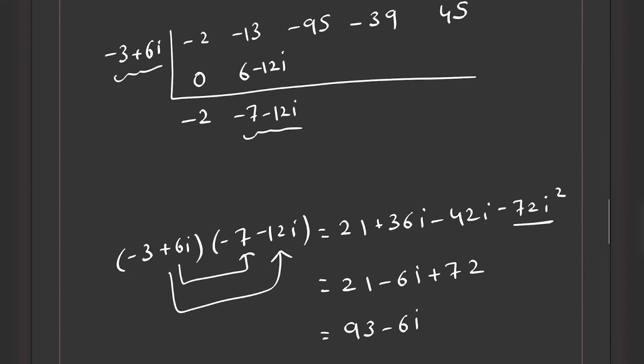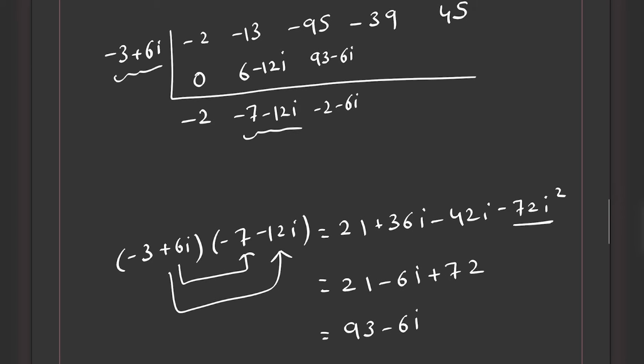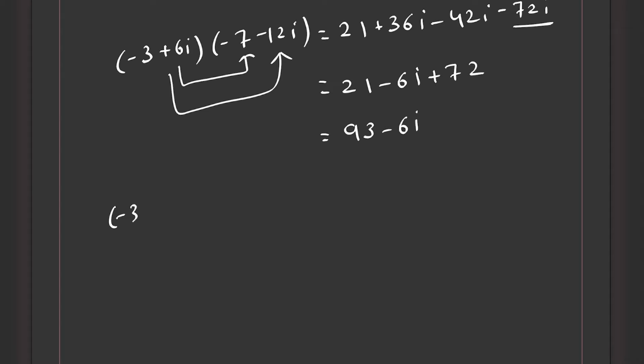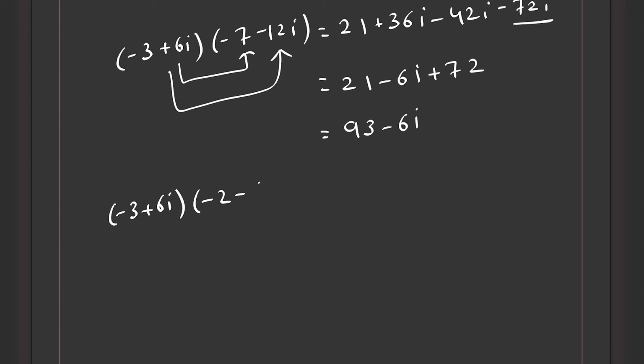So we're going to take this 93 minus 6i and plug it over here. So 93 minus 6i. Minus 95 plus 93 is minus 2, minus 6i. Okay, so now we will multiply minus 3 plus 6i with minus 2 minus 6i. Same process. Minus 3 times minus 2 is positive 6, and minus 3 times minus 6i is positive 18i.